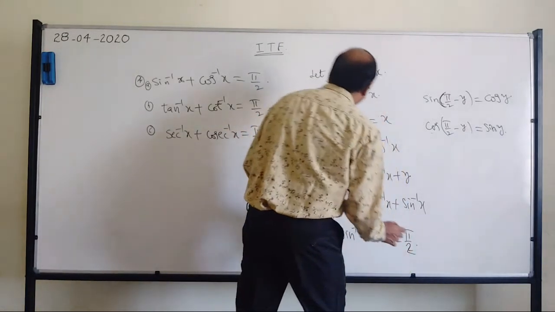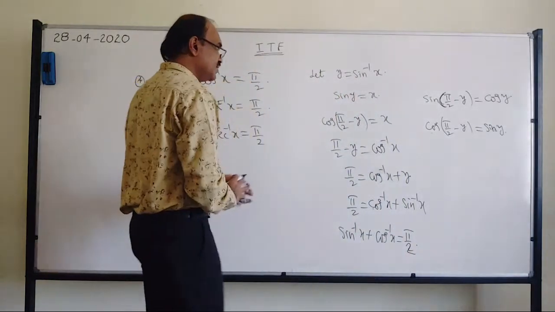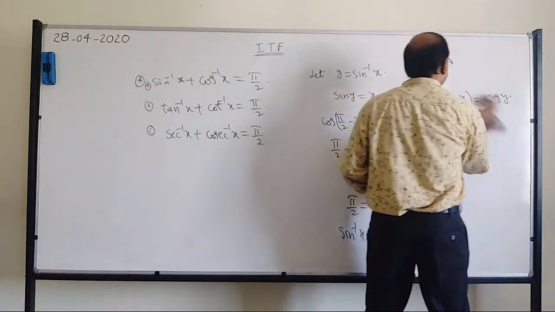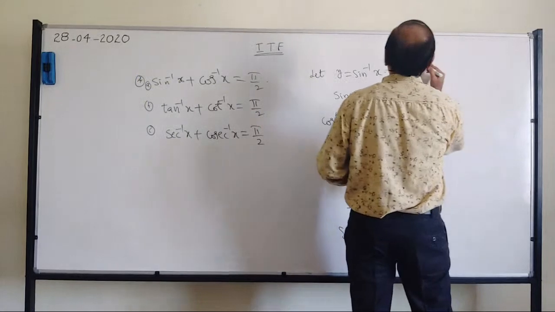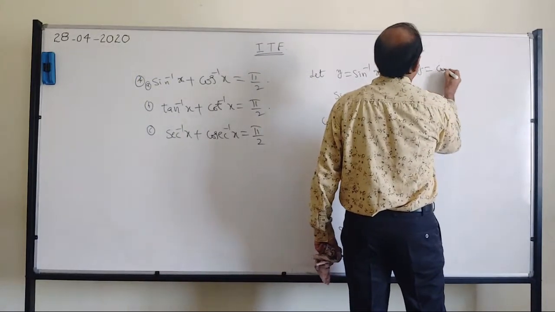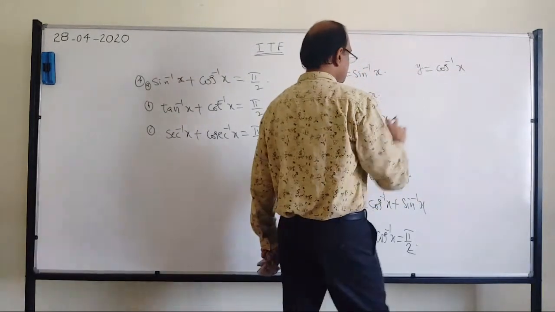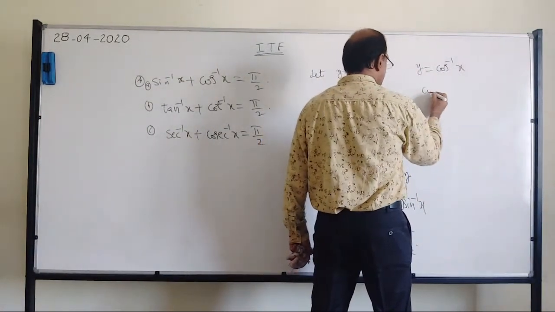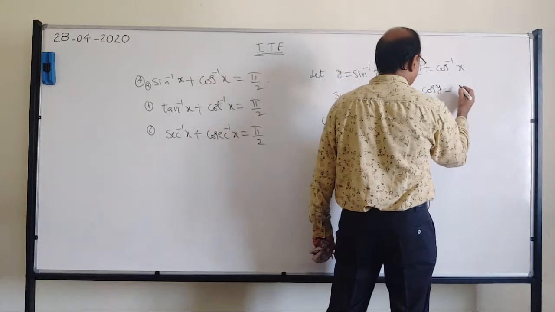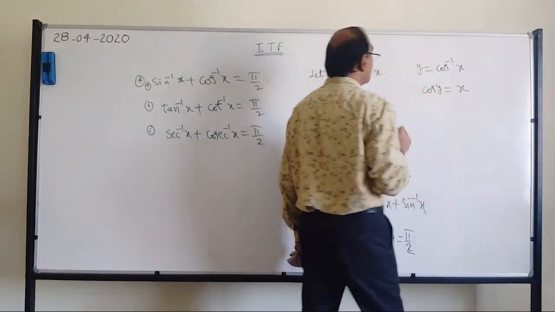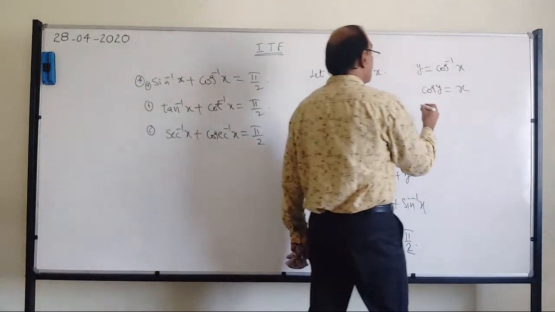Now you might ask, sir, can I take y as cos inverse x? Perfectly fine. Let me do it that way also. So y is equal to cos inverse of x. Same process. Cos y is equal to x. Now cos y can be written as sin pi by 2 minus y.